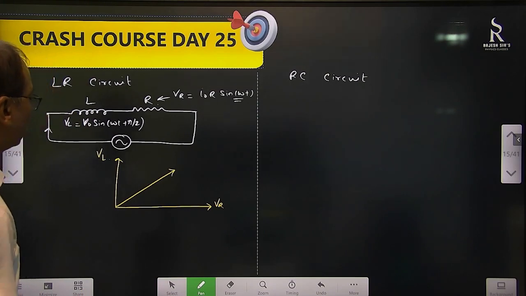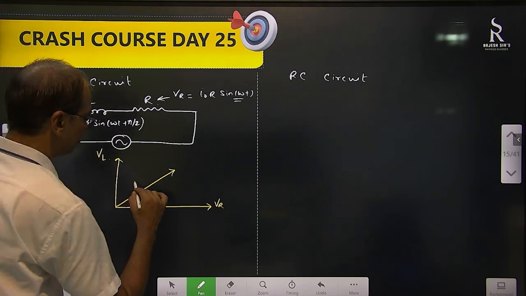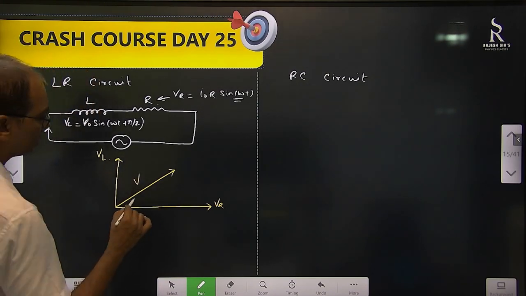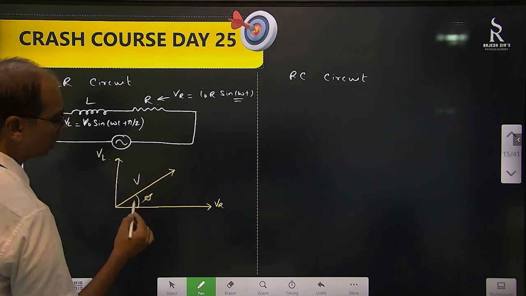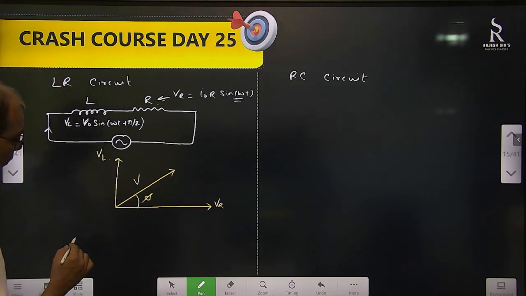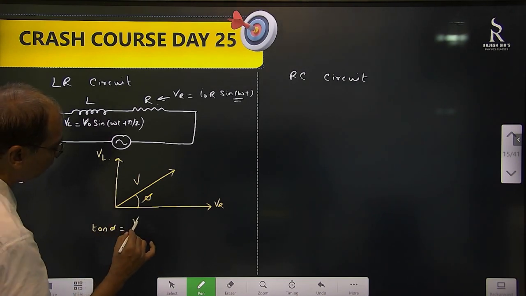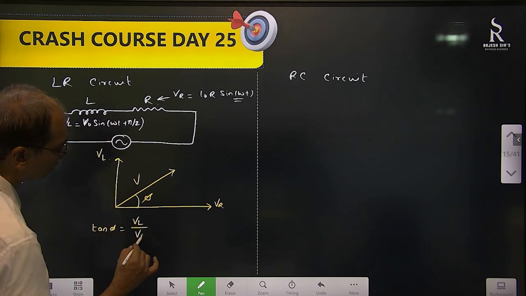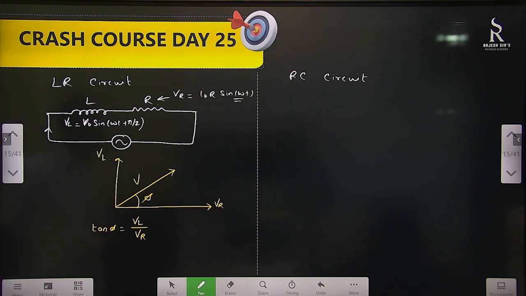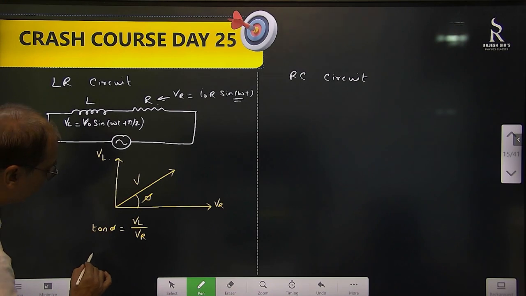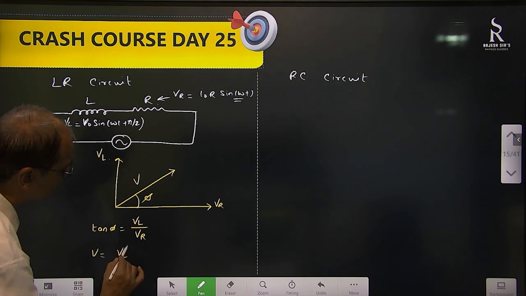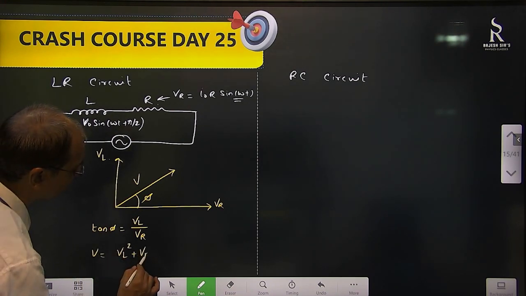So this is V, the resultant, and this is phi or theta. So tan phi equals VL by VR. And what is this V value? V is the square root of VL square plus VR square.